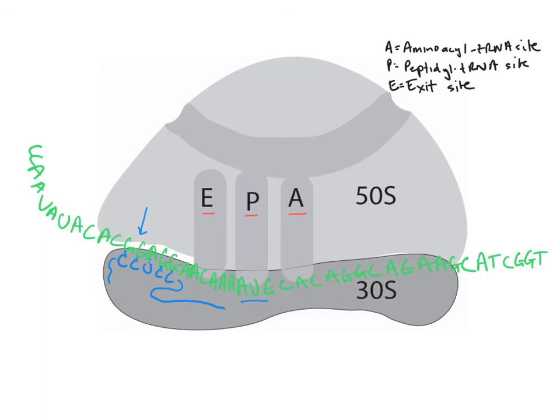The A site is the aminoacyl tRNA site, the P site is the peptidyl tRNA site, and the E site is the exit site. New aminoacyl tRNAs normally come into the A site, except for the first tRNA. The first tRNA, which is F-met, comes into the P site, which is situated right above where that AUG start codon is.